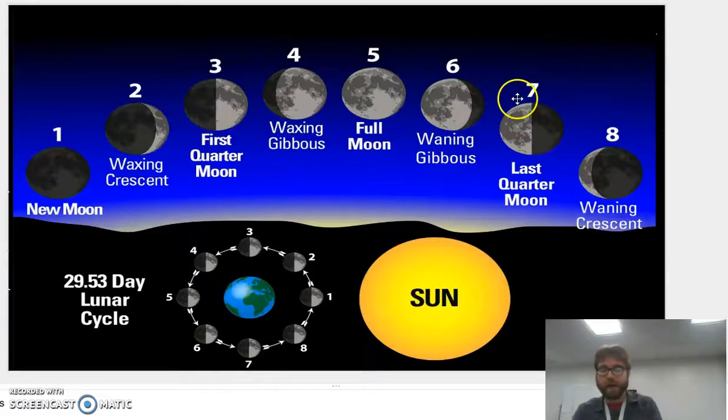And we're going to be on a last quarter moon or a waning quarter moon. This time the light is on the left and only about half of the moon is lit up. Then finally, the light is going to keep getting less and less, and then we'll only have this slight sliver here left on the left side, and that is a waning crescent. All right, those are our moons. So let's move on to the next thing we need to know.